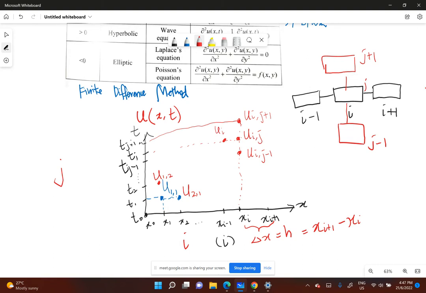Apa? Ramzan. u i apa ni? Muhammad Ramzan. I apa? Kalau at this point, this is j. At this point.